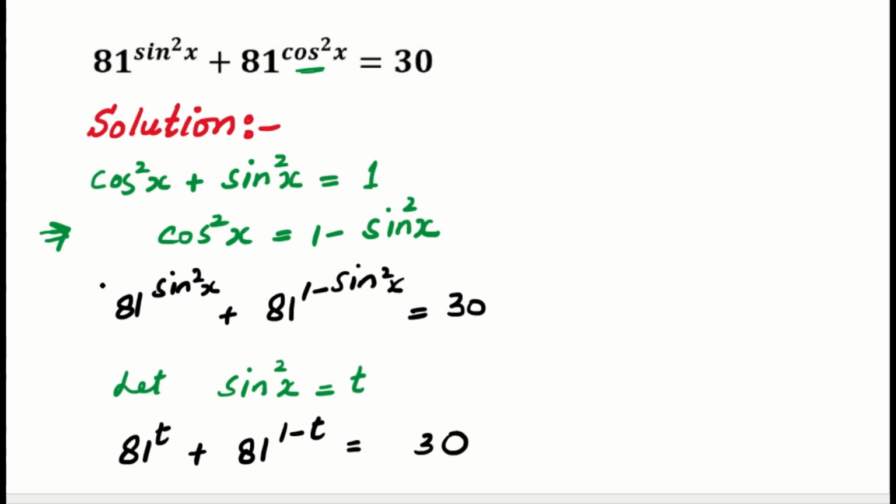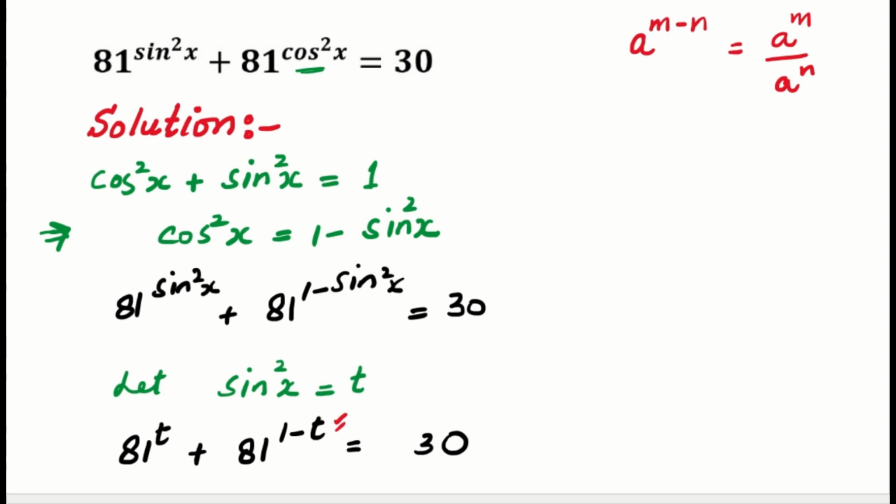In our next step, we will use a very well known law of exponent. To write the law of exponent, a to the power m minus n can be written as a^m over a^n.